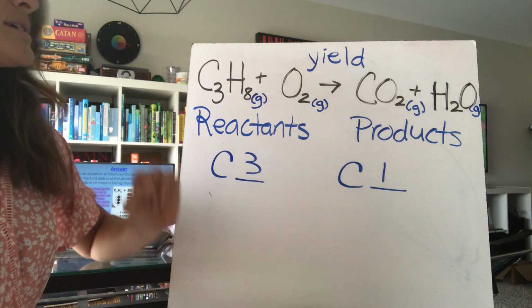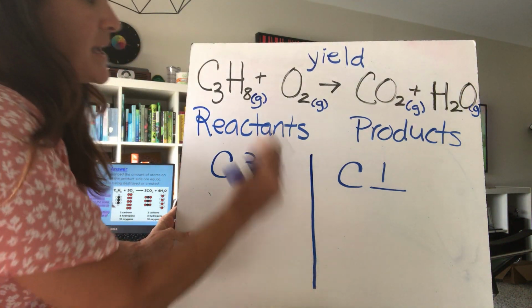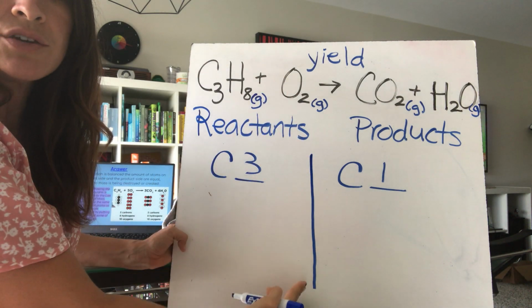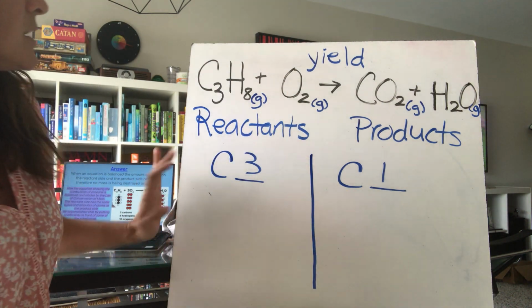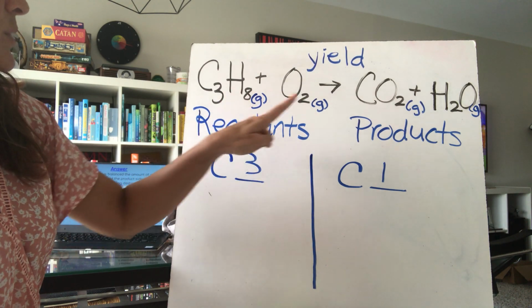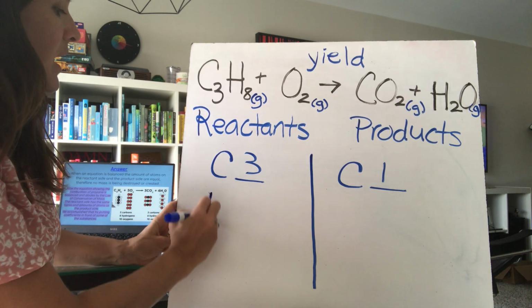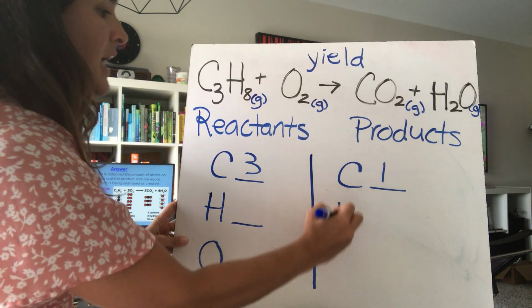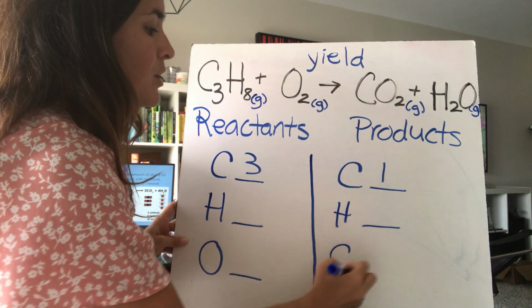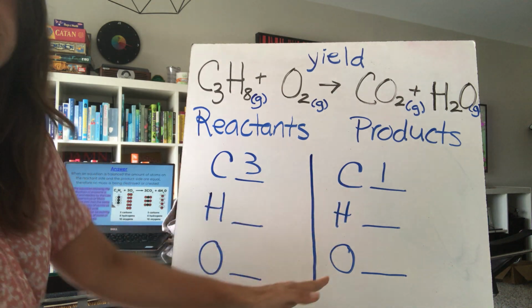So I'm going to start this by dividing my equation. I draw a line here to divide my reactants and my products, okay? Here's carbon. Let's see, what else do we have? Hydrogen and oxygen. H and O, H and O. I should have the same atoms here that I do on the other side.